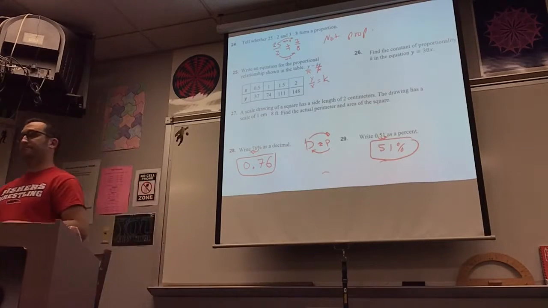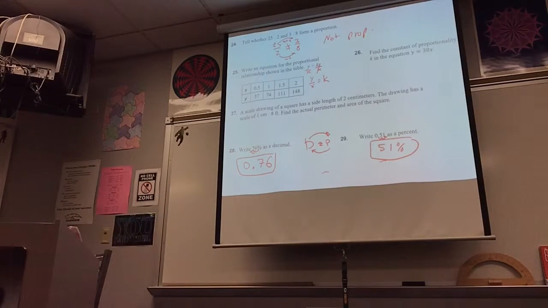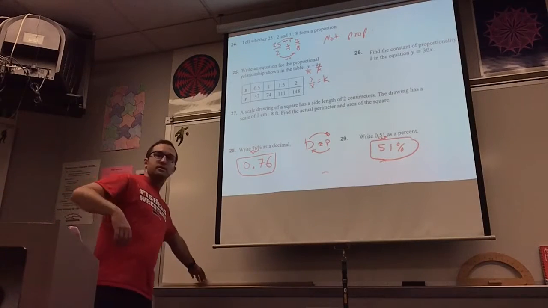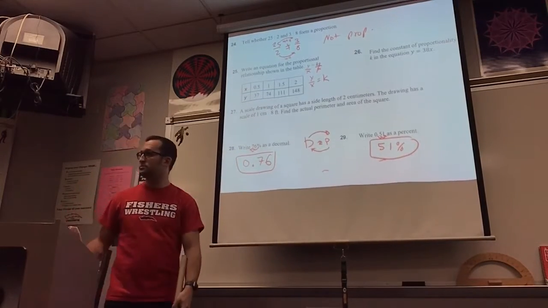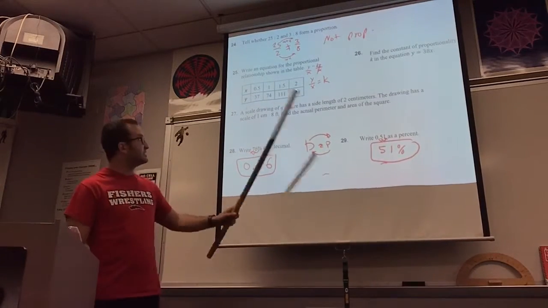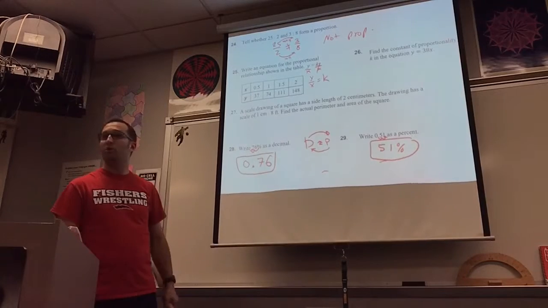What do you see? Y over x. So y is the unit rate. I said no, guys. Put it away. Y is the unit rate, not 1 over 74. It's 74 over 1.